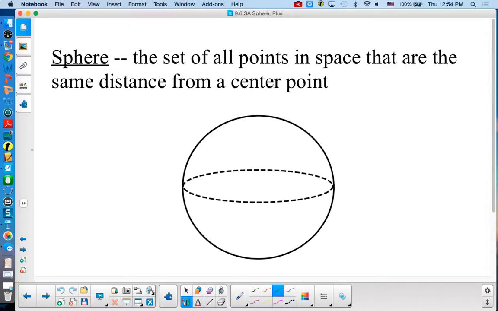So there is a middle center point on a sphere, because we're going to need to know the radius of the sphere.